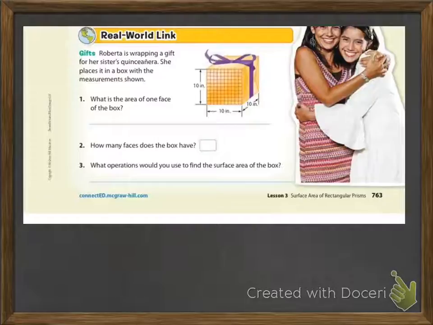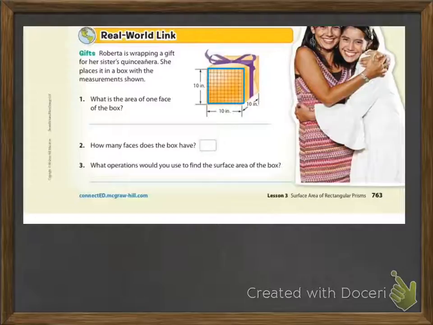Well, looking at this, I went ahead and drew a box around the front face of this. Now, if you look at the dimensions, they read 10 inches by 10 inches.